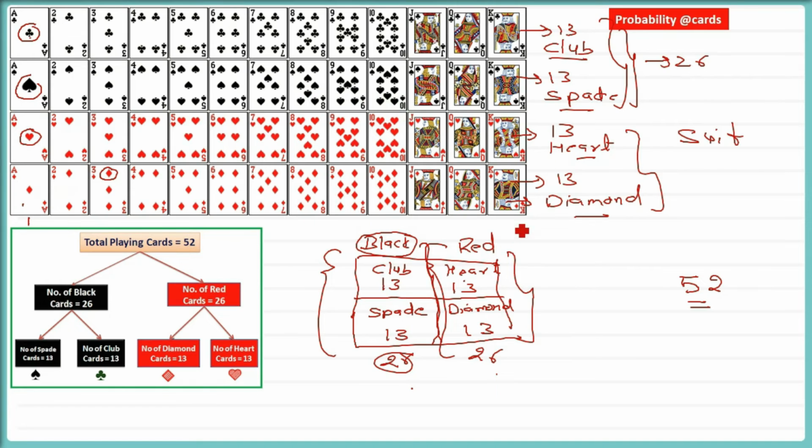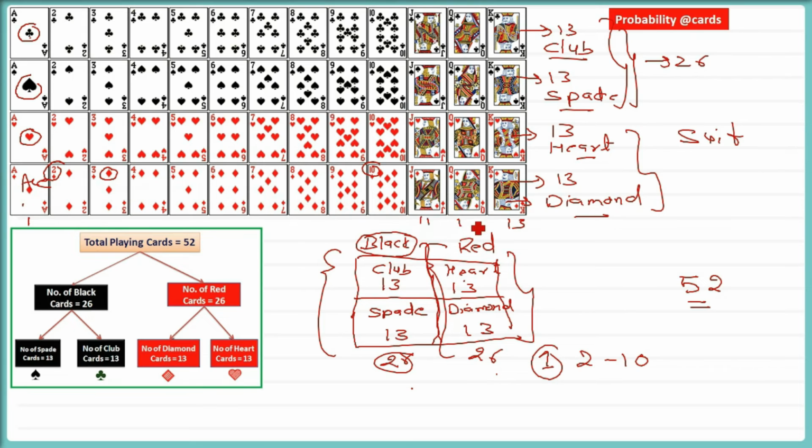Now if you see a particular line of cards, that is the 13 cards, they are from 1 to 13. But the number cards are only from 2 to 10. Normally we assume that it should be written as 1 to 13, but the first card is not called 1, it is called an ace. 2 to 10 are the numbered cards.